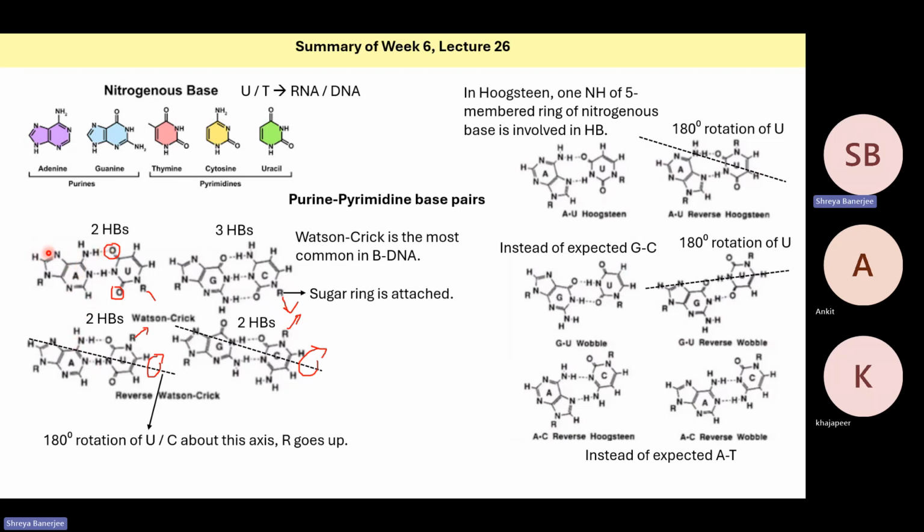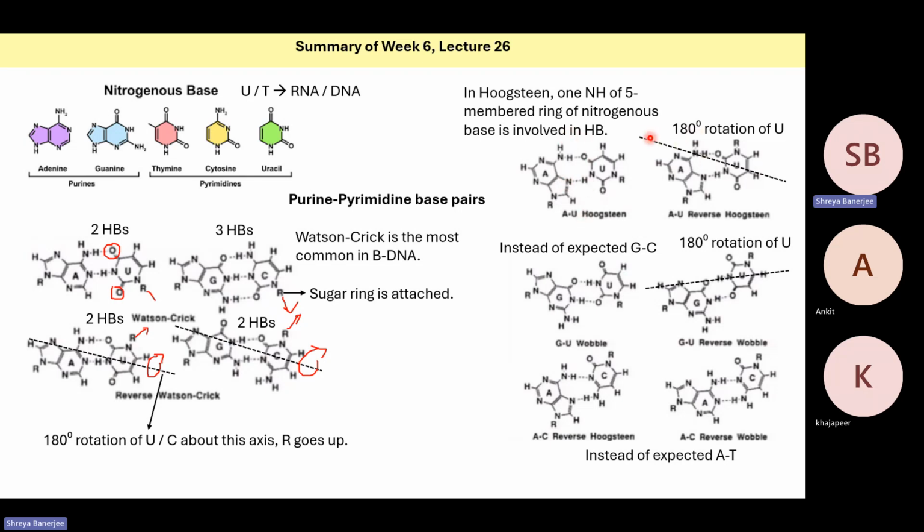So in the purine, only the 6-membered ring is participating in hydrogen bonding. In Hoogsteen, it is both the 6-membered and the 5-membered ring that participate. So you have the purine oriented in such a way that the NH2 of the 6-membered ring and the N of the 5-membered ring participate in hydrogen bonding.